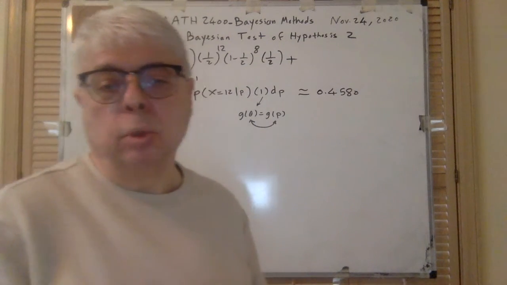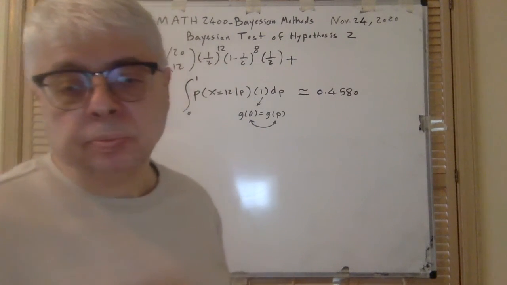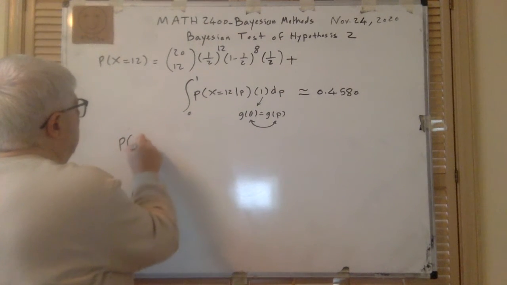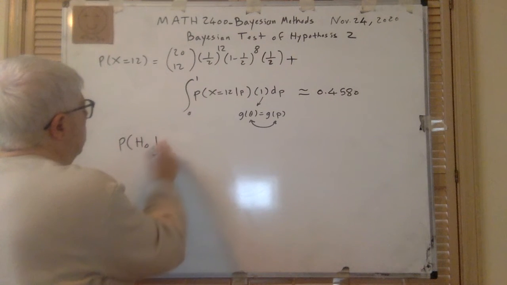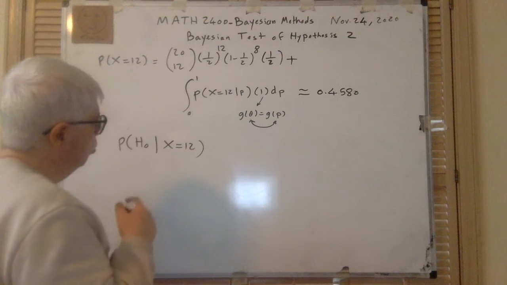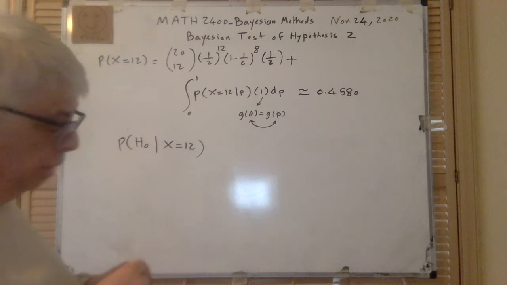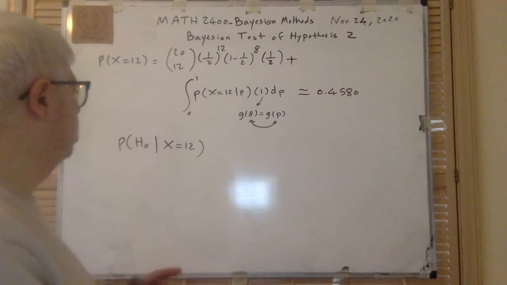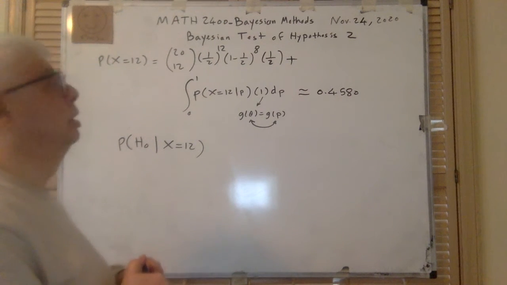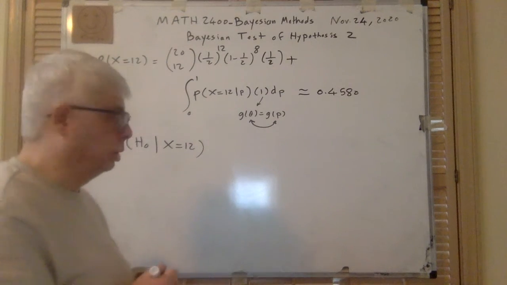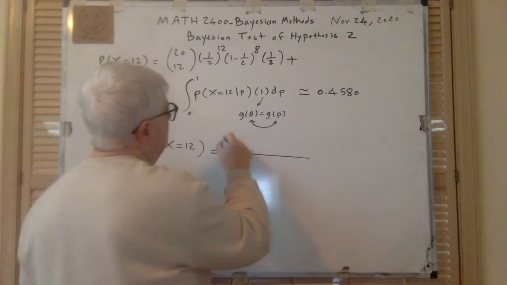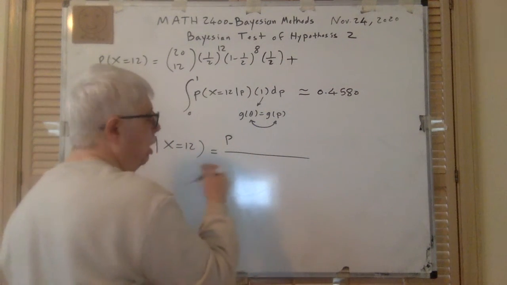Now, what I want to find is P of H0 given X is 12. So I have to find both of them. This is the probability that H0, the null hypothesis, is true given that I have observed 12 heads in 20 tosses, right? I can write it the other way around, but let's do it.